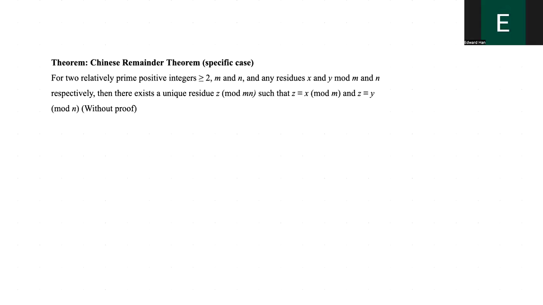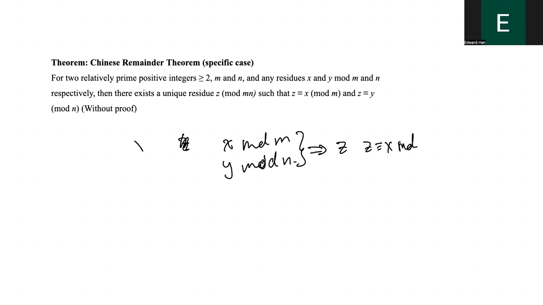then if we have residues mod m and n, such as a residue x mod m and y mod n, then we can find a unique residue z mod m times n, such that z is congruent to x mod m and z is congruent to y mod n.